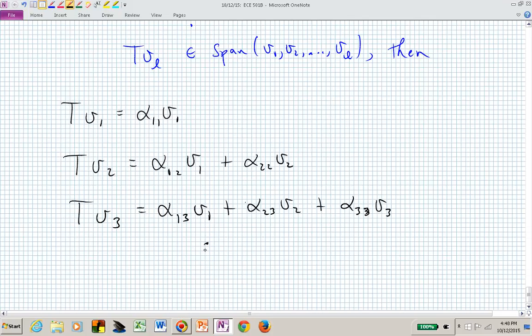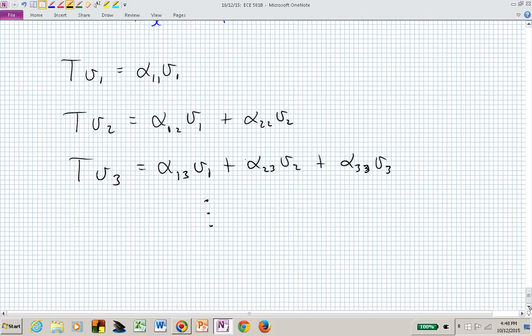And that just keeps continuing. We can now build up or say that the linear map applied to V sub L is some linear combination of the first L basis vectors.